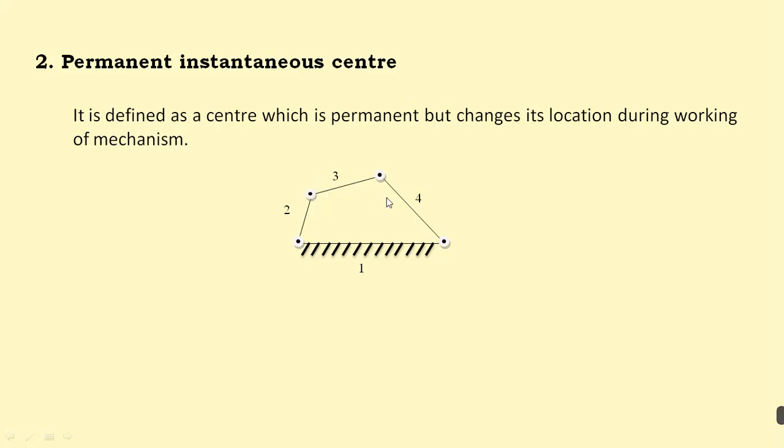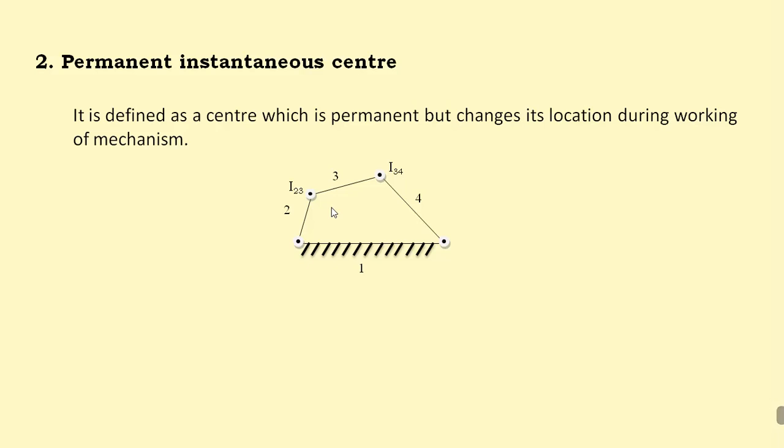The joint between 3 and 4 we can consider as one more instantaneous center. During the rotation of the crank, that is the second link, these two centers are going to change. The names we can give are I23, the joint between 2 and 3, and I34, the joint between 3 and 4.